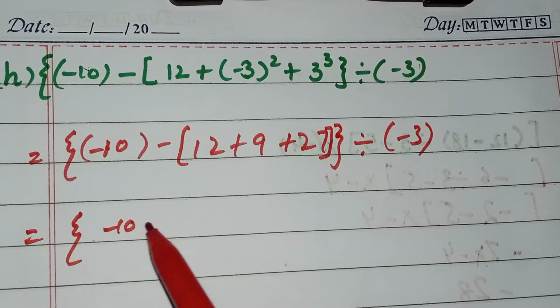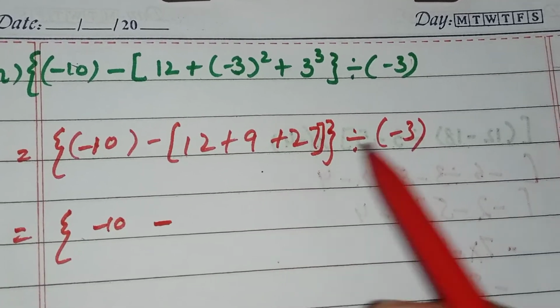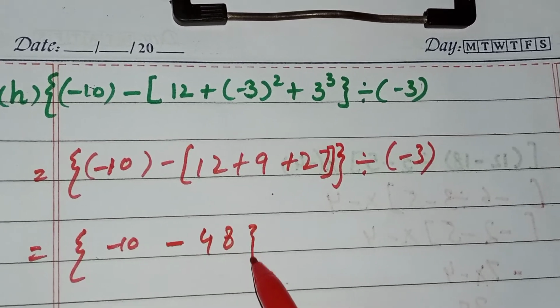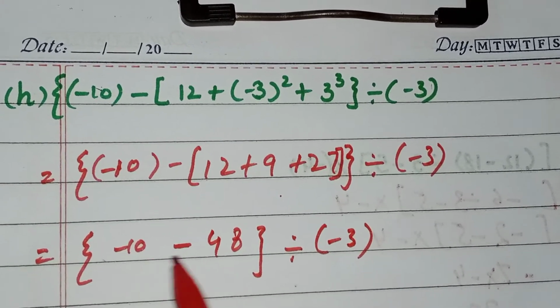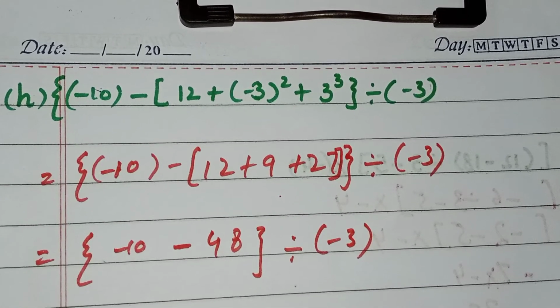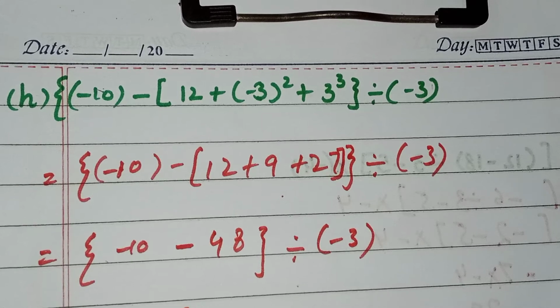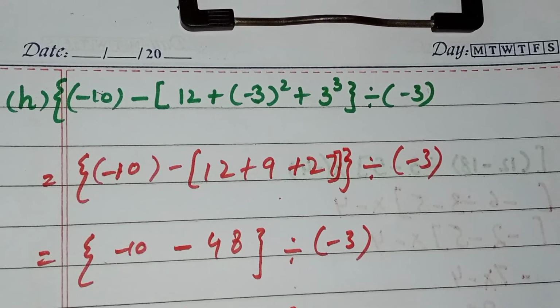Now minus 10 minus, when we add all these numbers, 48 divided by minus 3. Now when I add these numbers, I receive minus 58 divided by minus 3.